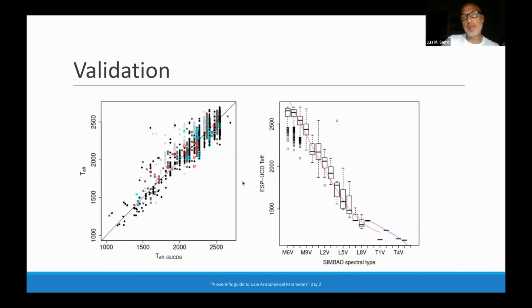And this is the comparison of our prediction of effective temperature here on the y-axis. This is the ESP-UCD prediction on the y-axis. This is the effective temperature that we derive from the GUCDS spectral types using calibration by Stephens et al.